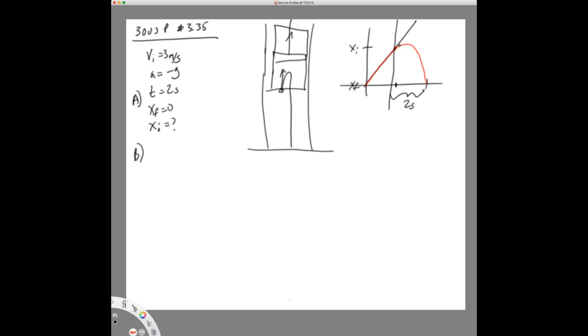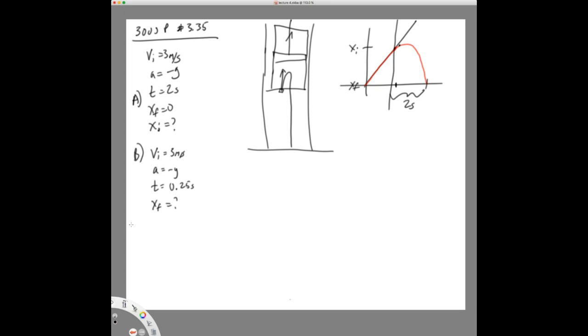Okay, so for part B, we have some of the same initial information. The v initial equals 3 meters per second, a equals minus g, but t equals 0.25 seconds. And we're looking for x final, and now the x final is not 0. Okay, that becomes our final.